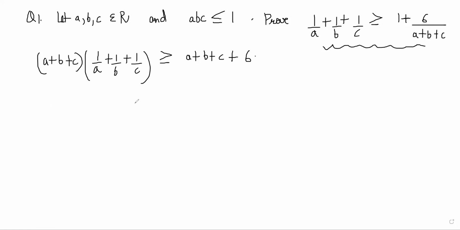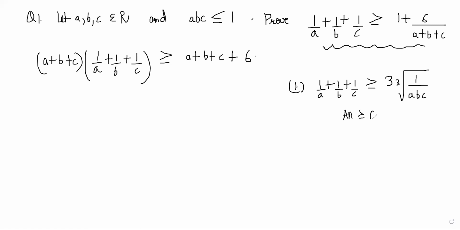Now we know that 1 by a plus 1 by b plus 1 by c will be greater than equal to 3 times the cube root of 1 by abc, right? The reason we know this is because AM is greater than equal to GM. We are taking the AM and GM of these three quantities. These are positive, so we can apply them.